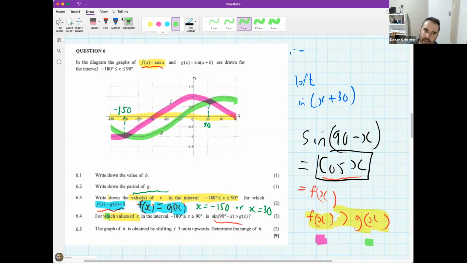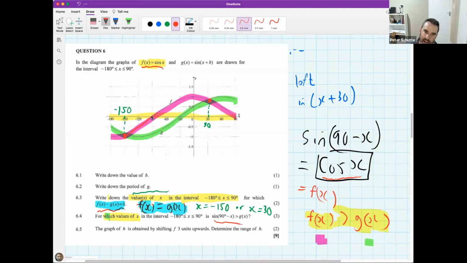It feels like they're the same over here, right? So at these points, they're exactly the same because they're intersecting. I want to know, for which x is the purple one above the green one? So I think the purple only gets above the green over here.